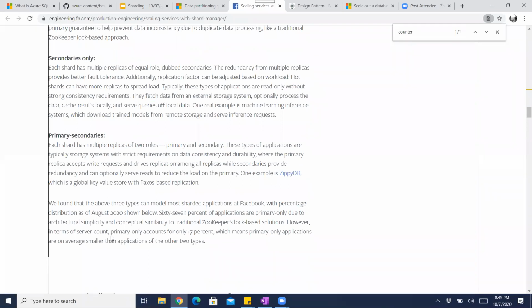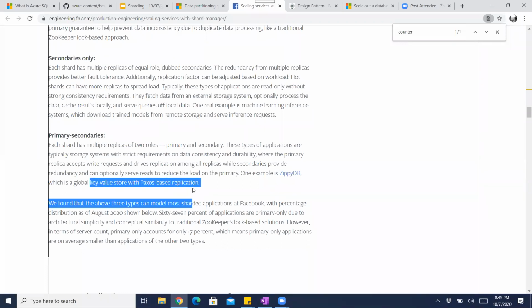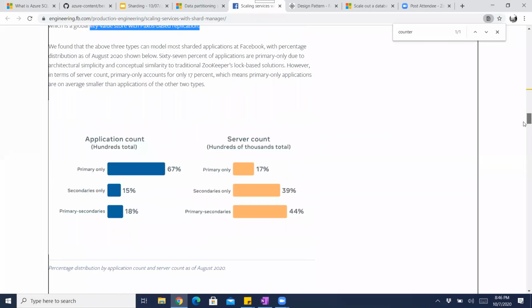The primary will serve writes, and the secondary can serve reads. And then they give an example of a global key value store, which requires this.